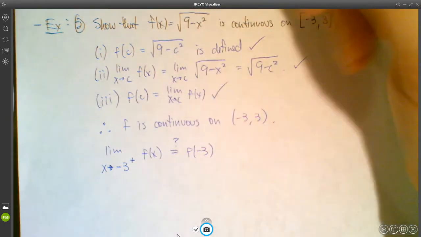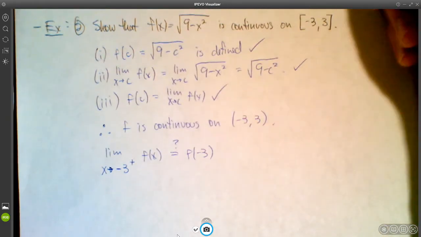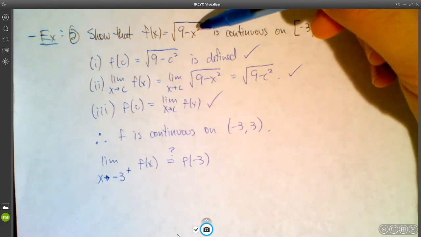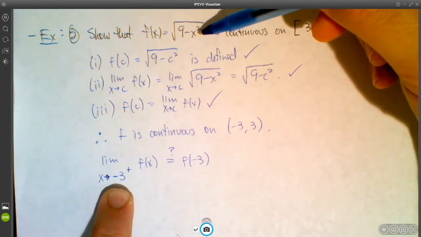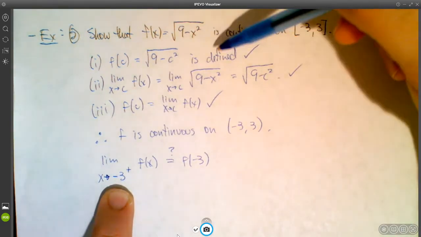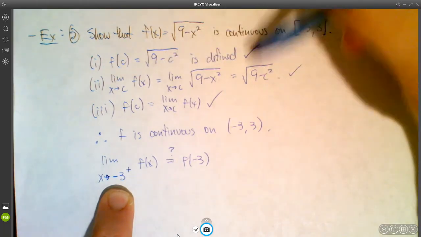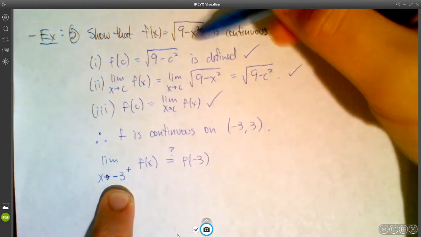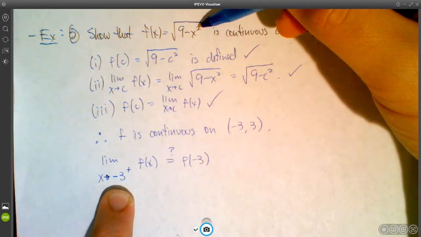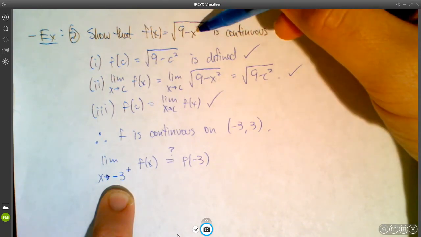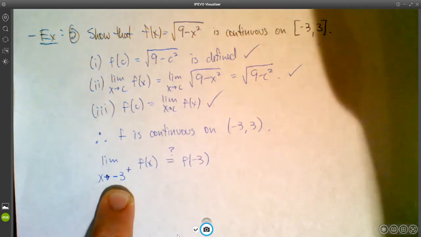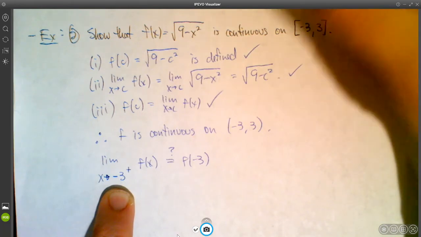We can make a table of values or something. I mean, we could plug in. So let's think about this, right? If we're approaching -3 from the right-hand side, we would be plugging in values slightly larger than -3, so like -2. If I plug in -2, -2 squared is 4. 9 minus 4 is 5. Square root of 5 is, I don't know, something slightly bigger than 2. Okay?